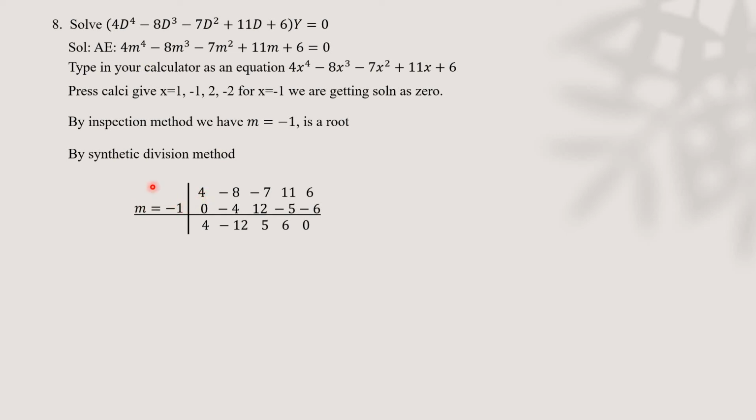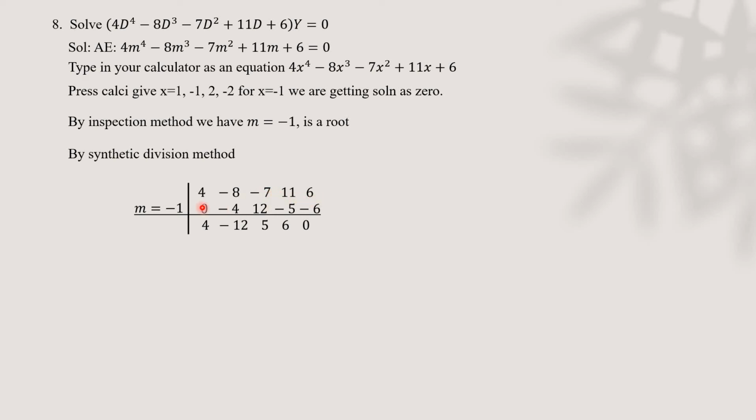Write down the root we got, m equal to -1, on the left-hand side, and take the division here. These values come from the given expression of degree 4, the coefficients of m. M power 4 coefficient is 4, m cube coefficient is -8, m square coefficient is -7, m coefficient is 11, the constant term is 6. This is what I have written: 4, -8, -7, 11 and 6.